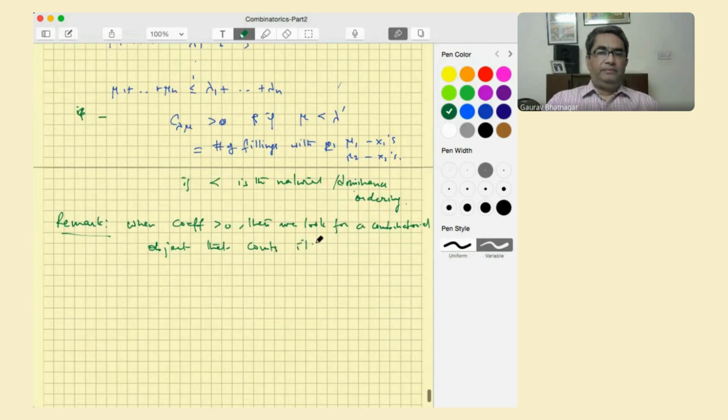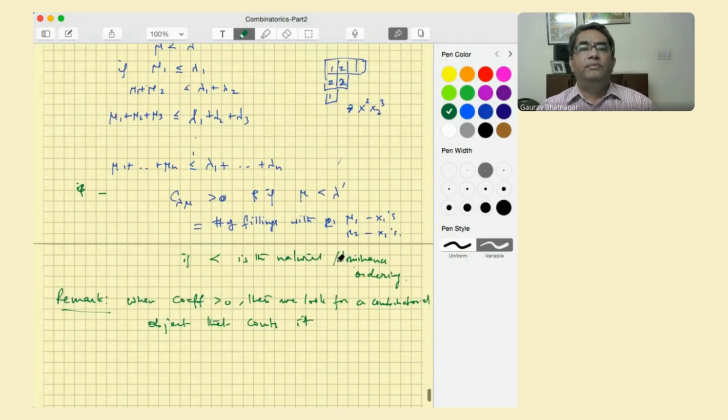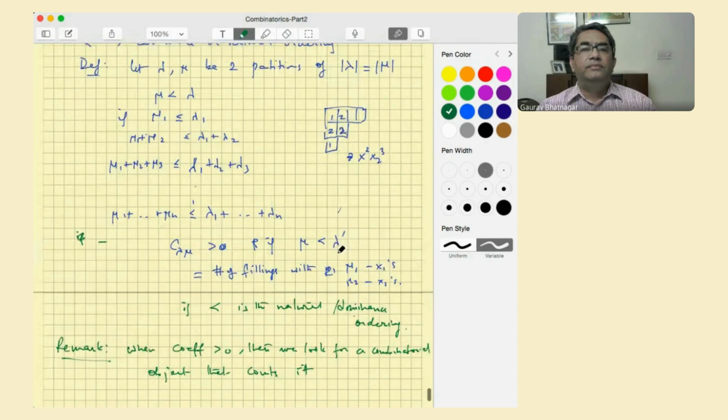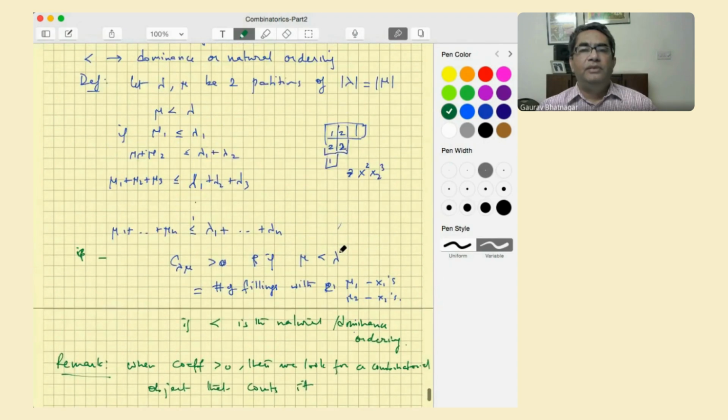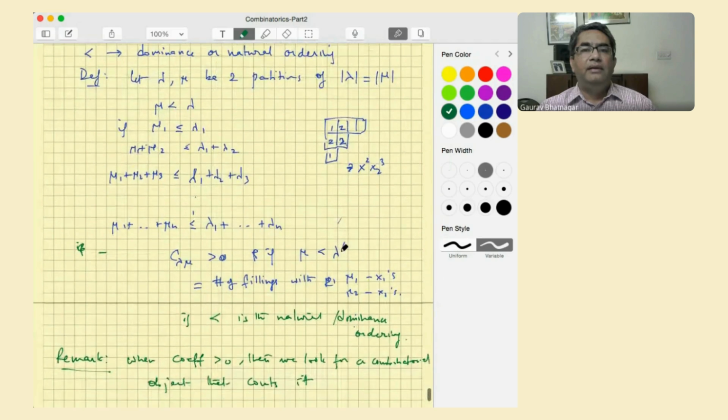So here, this is the number of fillings possible. Well, actually, this is not quite right.